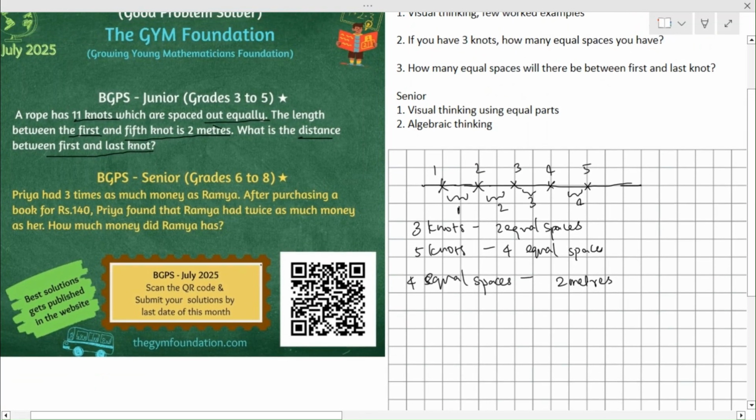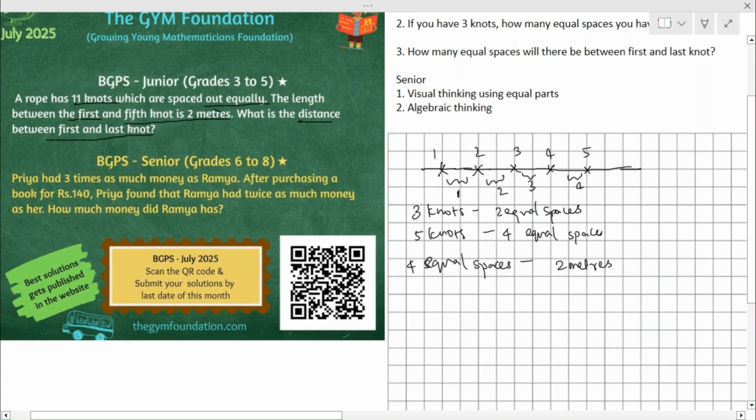This is the given information that you can get from the actual question with visual thinking. Now you can check what is the question asked. The question asked is, what is the distance between the first and last knot? So, what does the last knot mean? That is also given here. The last knot is actually the 11th knot, so it is asking the distance between the first and 11th knot.